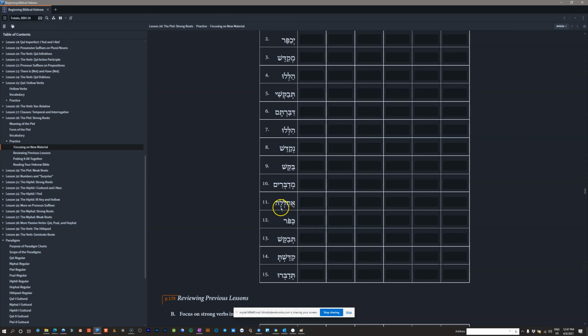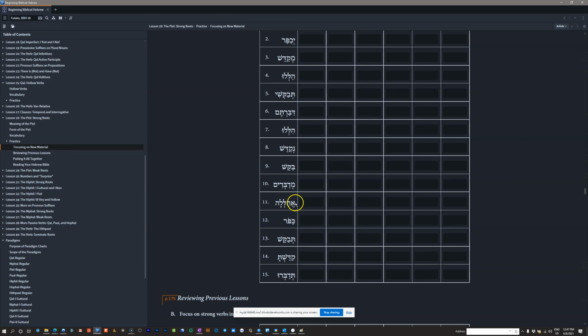I just realized we've got a qamets he on the end. So this isn't imperfect, this is cohortative. The aleph plus the qamets he indicates cohortative. The reduced vowel indicates that it is Piel. So we've got a Piel cohortative 1cs.